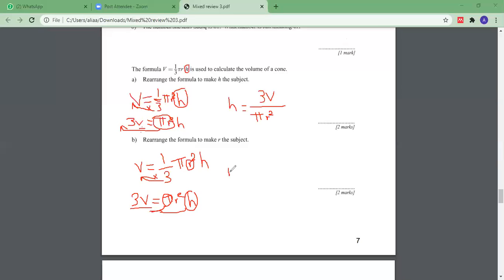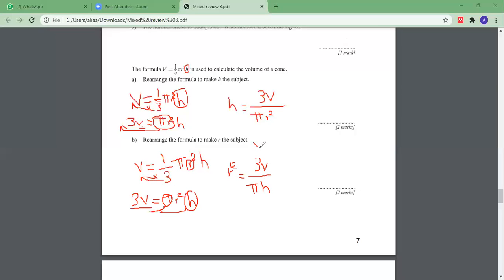So r squared equals 3V over pi h. Is this the final answer? No, because I have a square and I need it to be r. How do we get rid of the square?